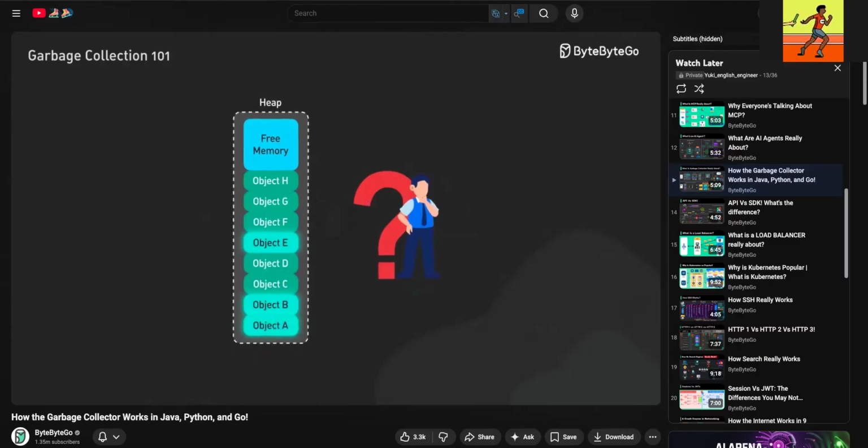Which objects in memory does the program still use? Which object in memory do the program still use? The subject is the program still use, and which object in memory.